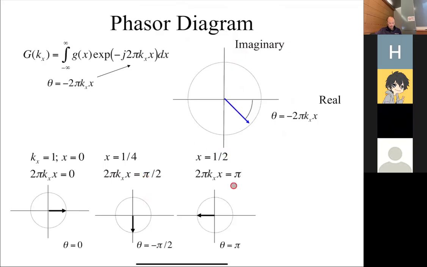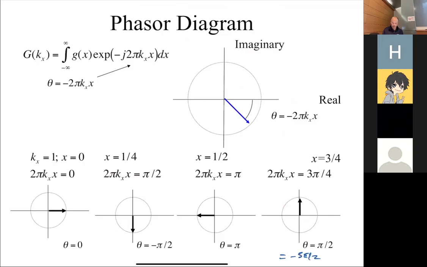At x equals 1/2, theta is pi, or negative pi, it's the same thing. And here I've gone all the way, so this is also equal to minus 3 pi over 2. So if I have some kx value, then as I look along the x-axis, this term is just varying the phase.